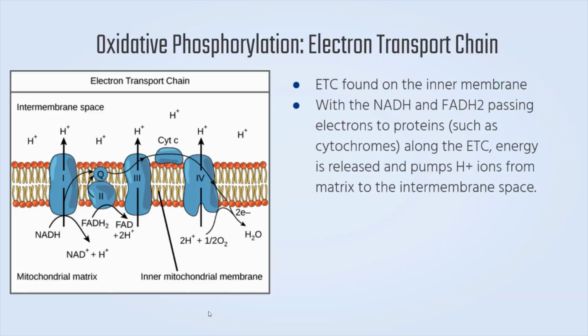With the NADH and the FADH2 electron carriers, they're going to pass these electrons through these proteins, such as this cytochrome over here, and they will pass along the ETC. As a result, energy is released and hydrogen ions will be pumped from the matrix to the intermembrane space. Because of this pumping of H plus ions into the intermembrane space, there's going to be a lot of buildup on one side, whereas the matrix will have less.